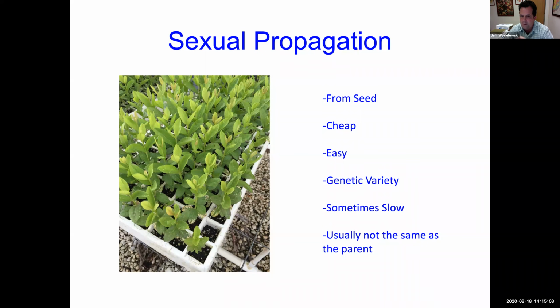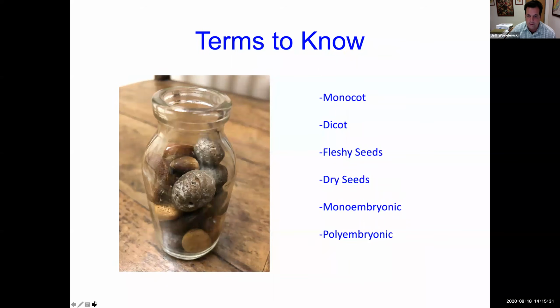And then you also have some mangoes that are called polyembryonic, which we'll talk about in a minute, that are also very close to being clones of their parents. But usually they're not the same. So that's why we don't usually use seeds to propagate tropical fruit, because we do want the exact same cultivar. So we use asexual propagation.